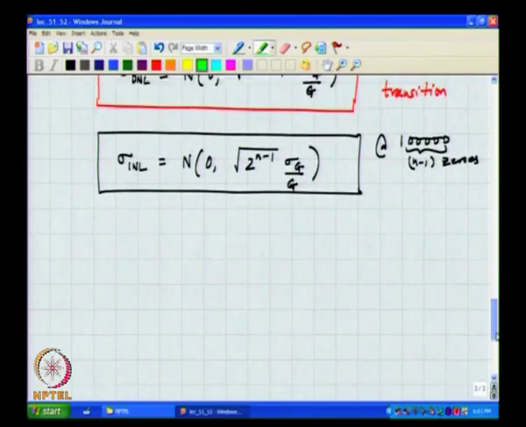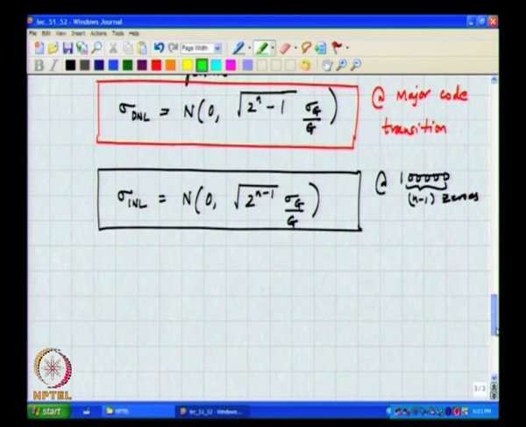Now, the question is, what happens to the DNL and INL when we use not a binary weighted DAC, but a thermometer decoded DAC.